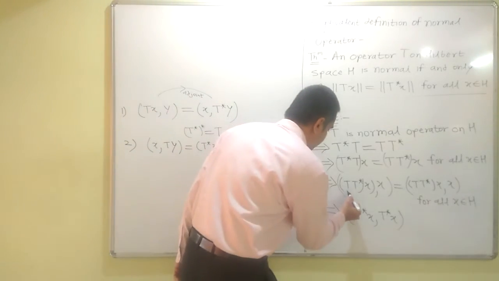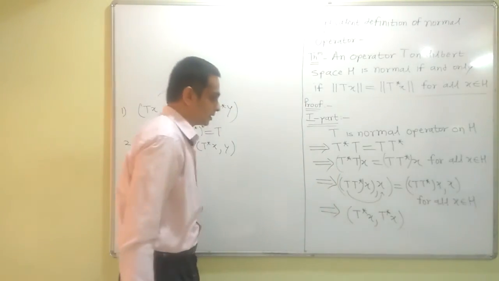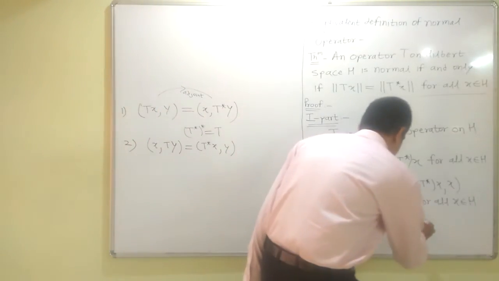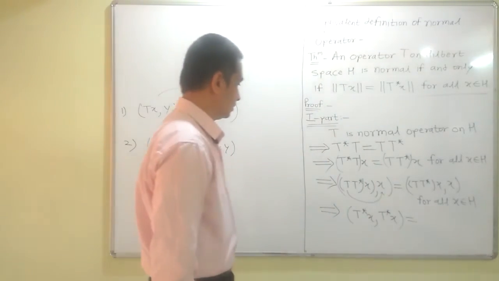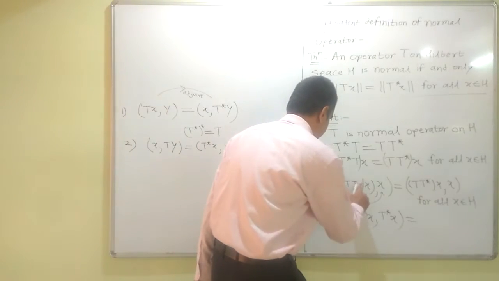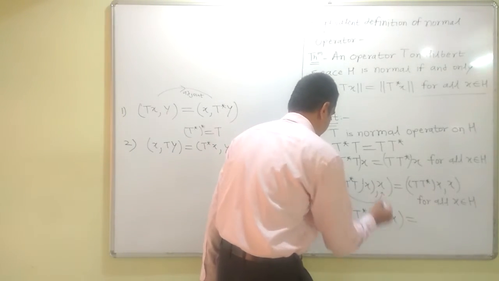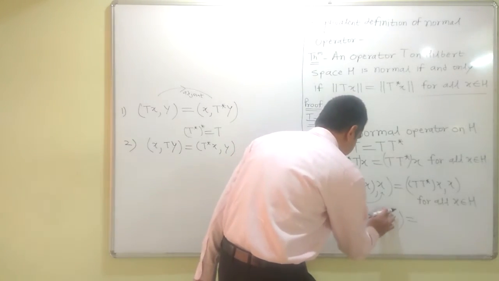Now I am using this, so T gets converted into T star x. Sorry, I made a mistake here. I should write it T star T. So it becomes Tx, Tx.